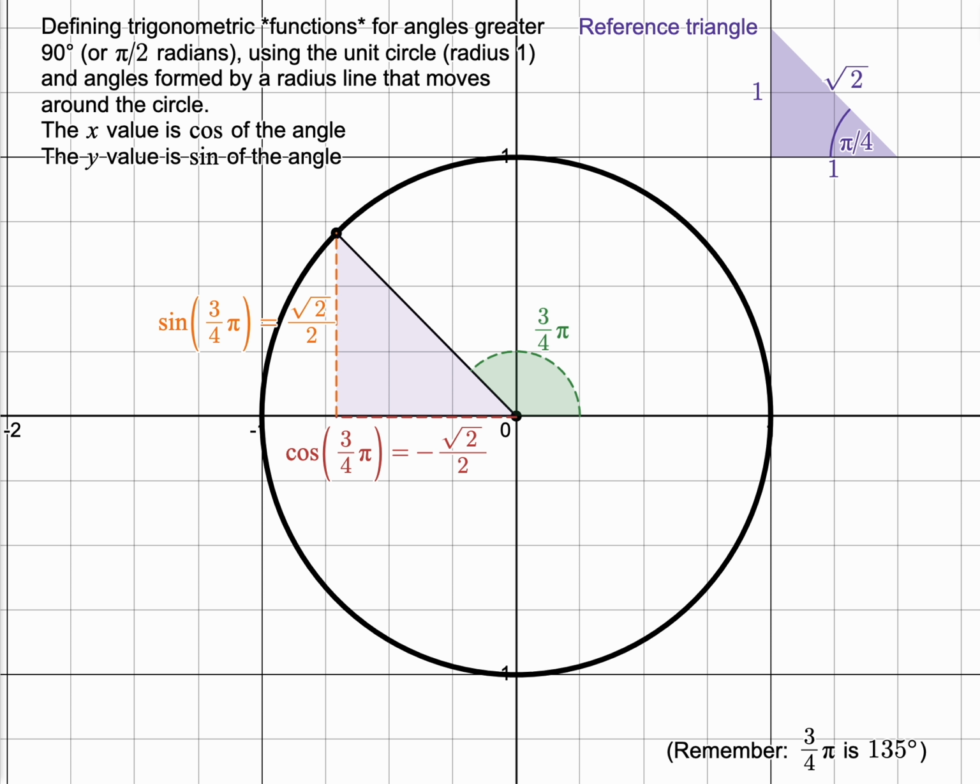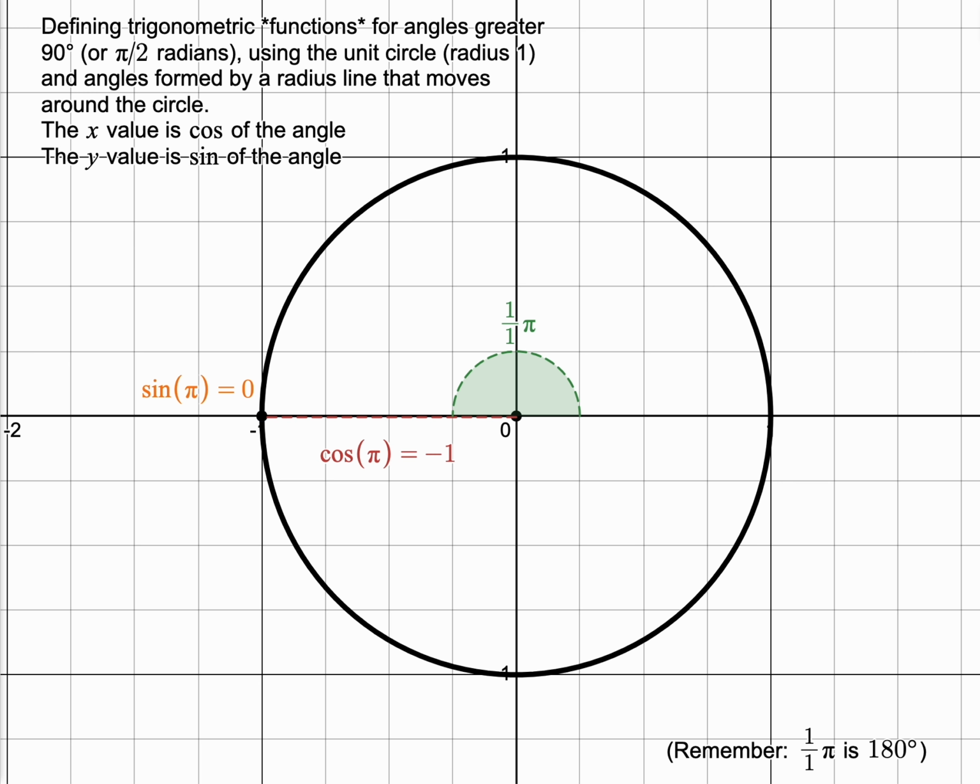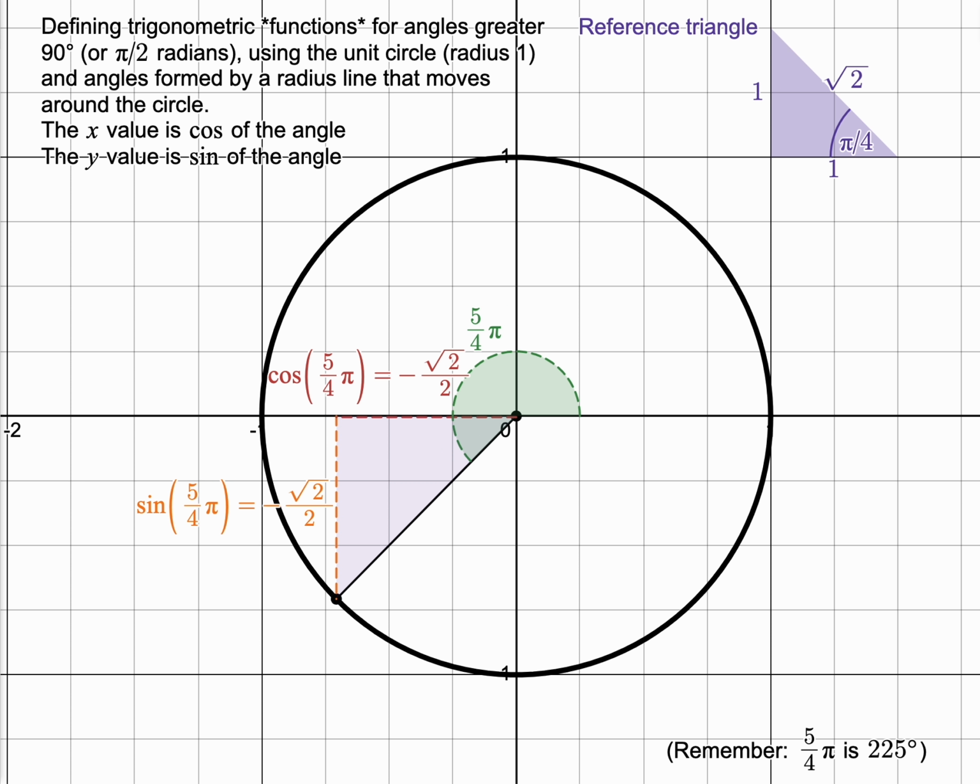So same sort of thing happens around the circle. Notice that we've always got that reference triangle moving from the ray, or the radius if you like, that forms the angle, 5 pi on 4 in this case, back up to, or back down to, depending on where you are, the horizontal axis.